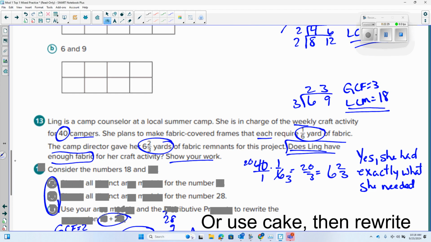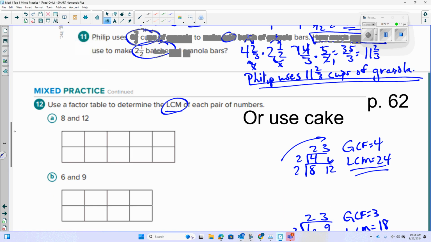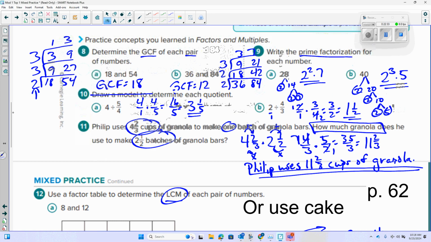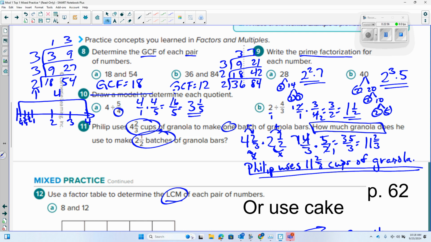Since I do have like 2 minutes left, let's go back to that model that I skipped. Here we go. For number 10, if I were to do my model, I like the number line models, so I'm going to divide it into 4 on top. But how am I dividing it? Into 4s. So each of these is going to be divided into 4s. I'm only going to label the first one just for time's sake, but realize every one is 4.